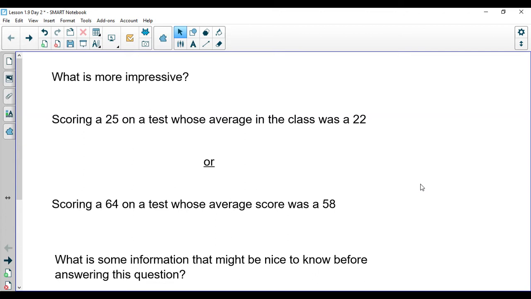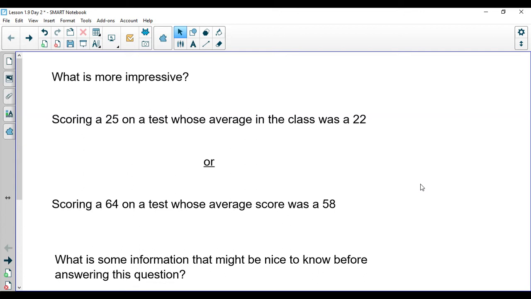Some of the questions I usually get are, how many people took the test? That might affect your answer. A lot of people also ask, how many points was the test out of? For instance, if the first test was out of 100, maybe getting a 25 wasn't all that impressive, even though it was higher than the class average.